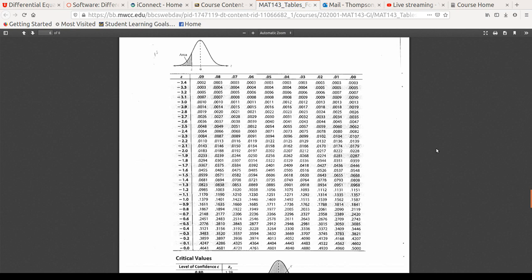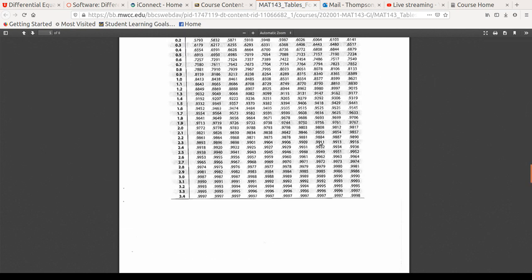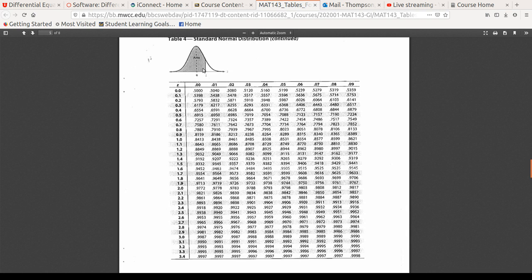So I'm going to come back to our table, and I need to scroll up because it's on this side. And I want to find 0.8925. So let's see. Here's my 0.89. There's 0.8925. Okay, 1.24.